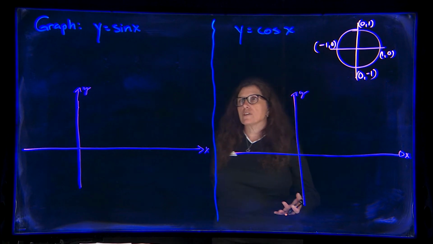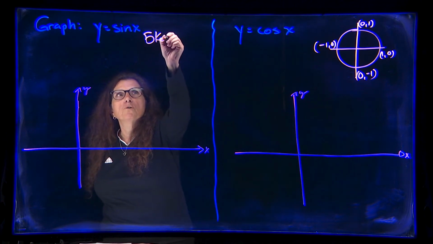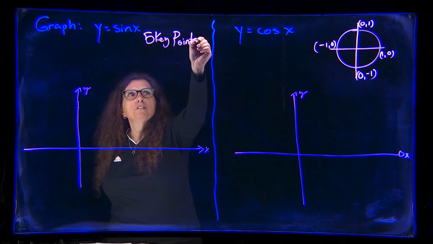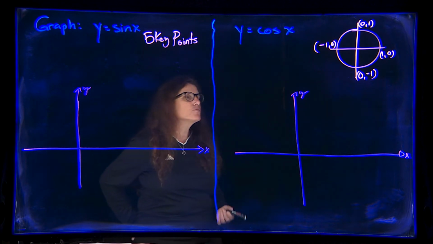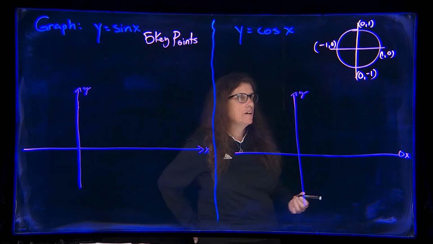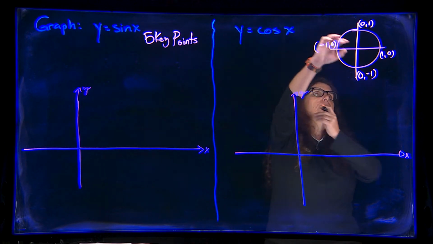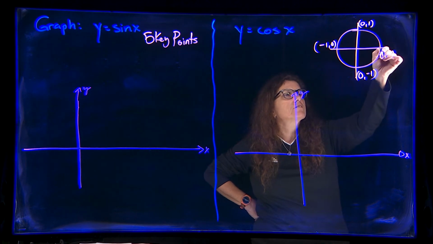Now, to graph them, what we really need are 5 key points. And where do those 5 key points come from? Well, I already graphed it here. They come from the unit circle. And we're graphing angles and the corresponding y-value. So they come from the unit circle at 0, we have 1, 0.